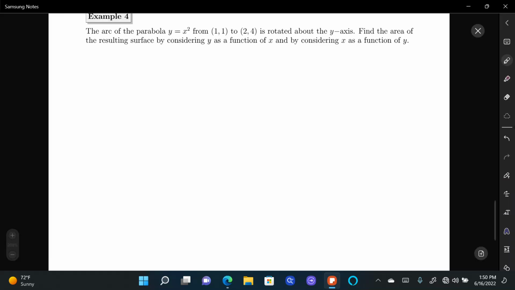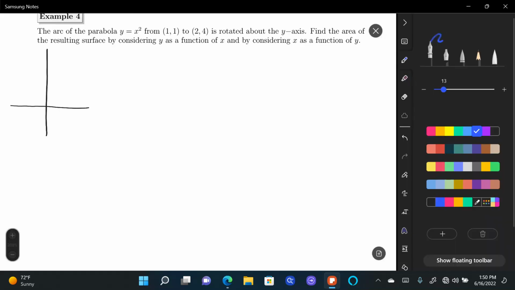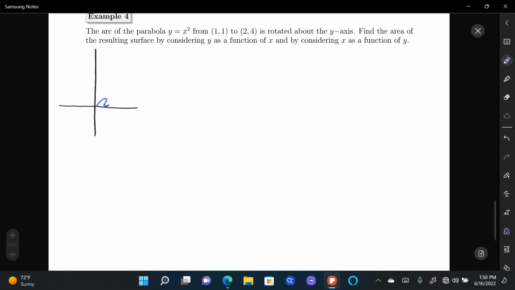Let's do a mini graph. So if we wanted to graph the parabola, well, of course it would look like this. However, we don't want the entire parabola. We just want it from x equals 1 to x equals 2.